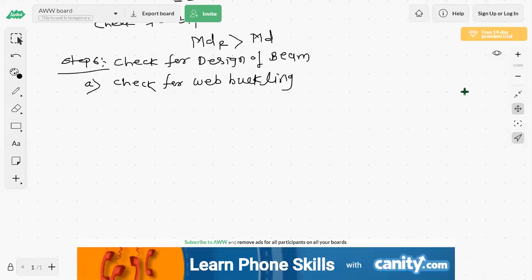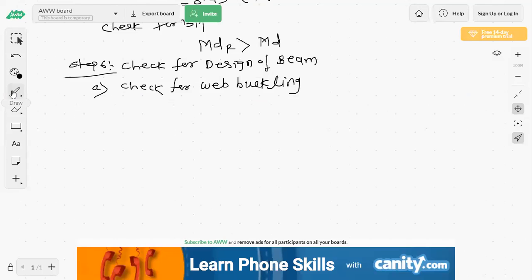Now for check for web buckling, or we can say buckling strength, that is FWB. FWB is nothing but F is the strength and WB is the web buckling.